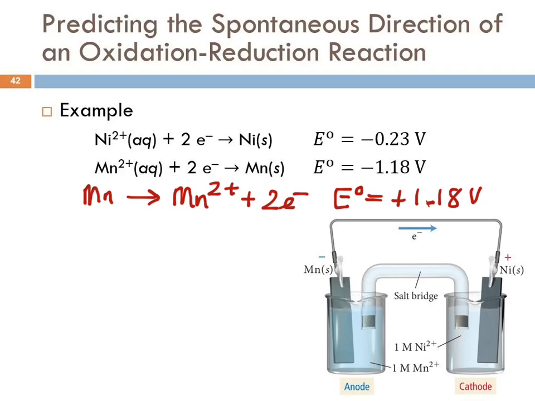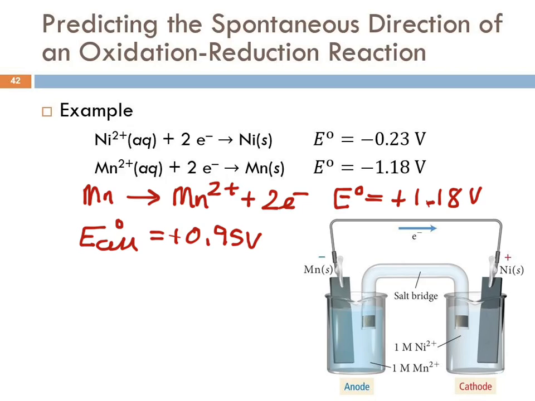And when we add those two together, we get 1.18 minus 0.23. I get a cell potential of plus 0.95.